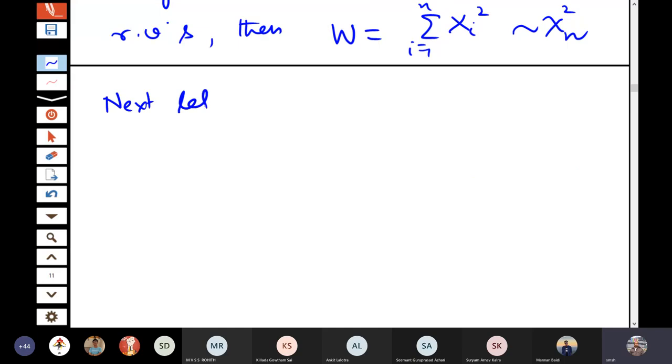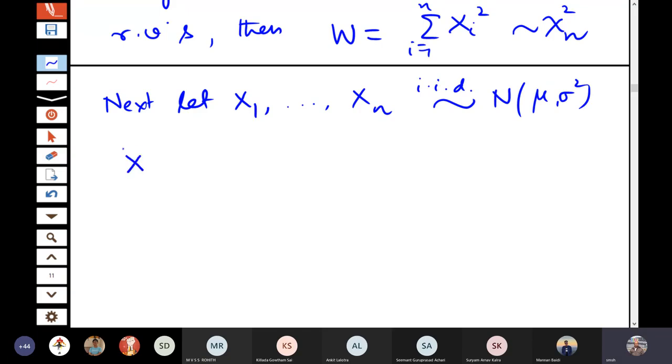Next, let x1, x2, ..., xn be a random sample from normal mu, sigma square. Suppose x1, x2, ..., xn is a sample from a general normal distribution in place of normal 0, 1. So let us consider what is the distribution of x bar.